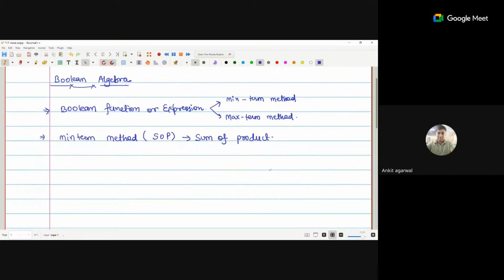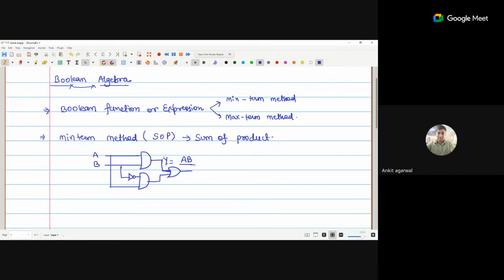For example, we have inputs A and B, and we are using one AND gate. The output we are getting is Y. The expression of Y is AB. Similarly, if we have one more gate where we use a NOT gate and again an AND gate, and then implement these with an OR gate.